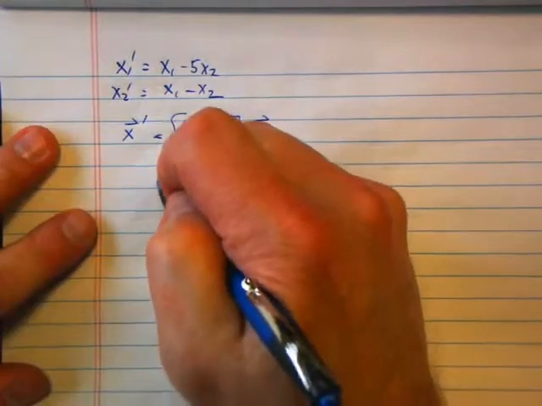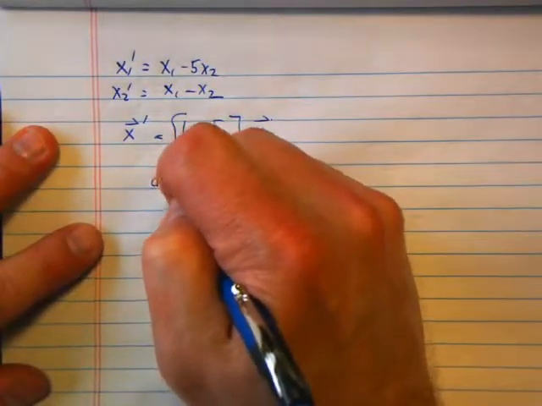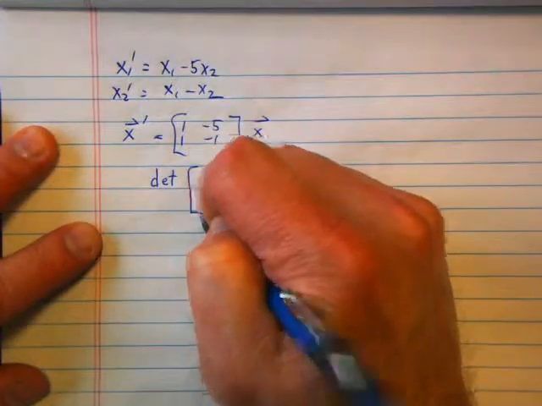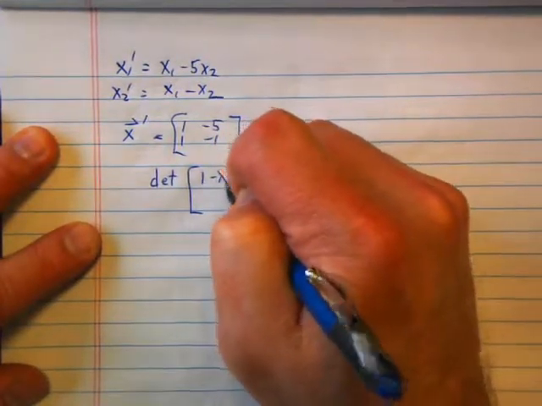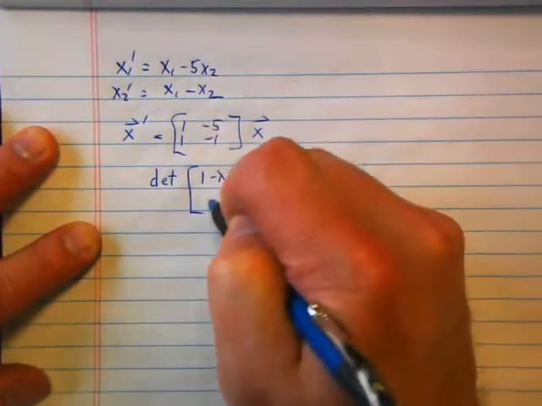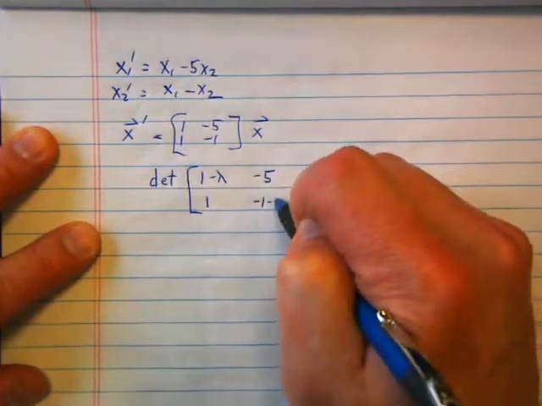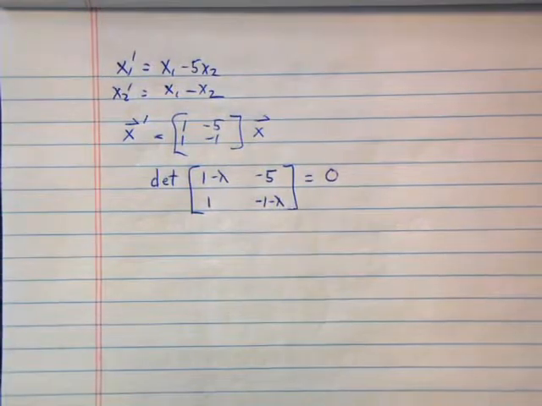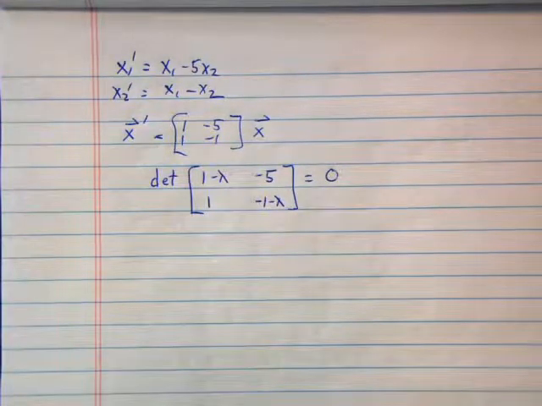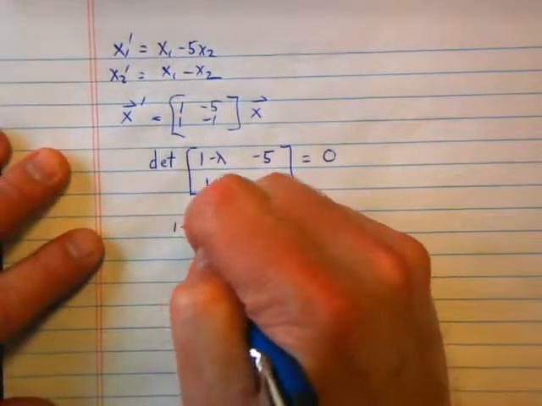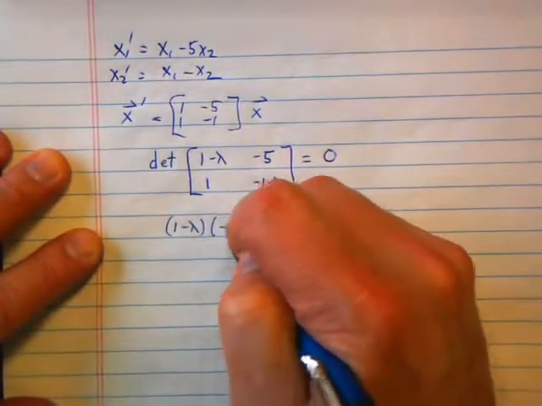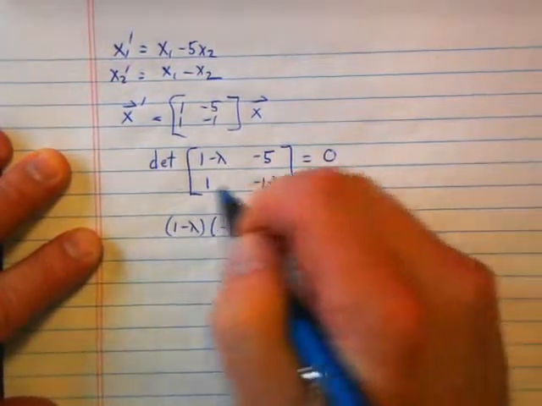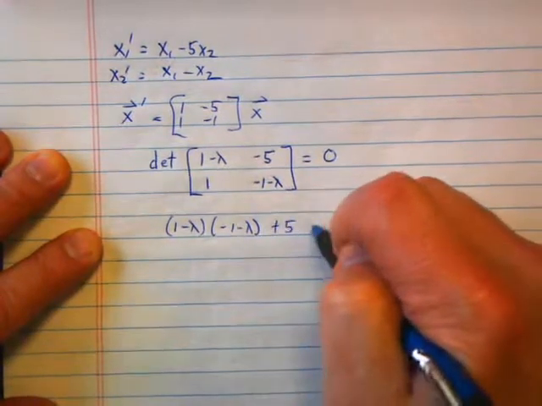I write down my characteristic polynomial. It is the determinant of the matrix 1 minus lambda, negative 5, 1, negative 1 minus lambda, which has to be 0. Find the determinant: 1 minus lambda times negative 1 minus lambda plus 5 is 0.